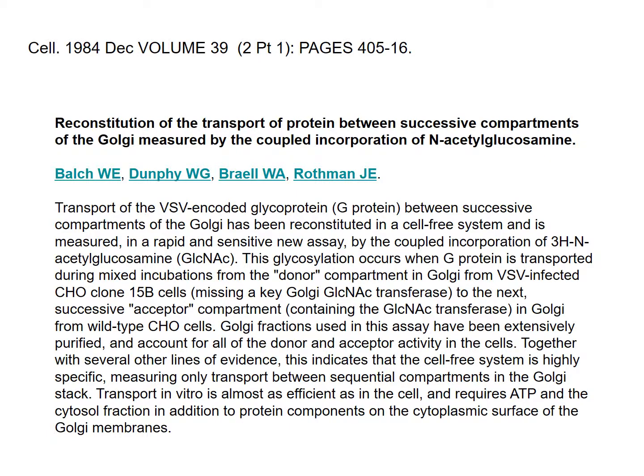And there are some cells that they use. These are called Chinese hamster ovary cells, CHO cells. And they had normal CHO cells, and they had a mutant CHO cell. It's called 15B cells. And they were missing a key NAG transferase.